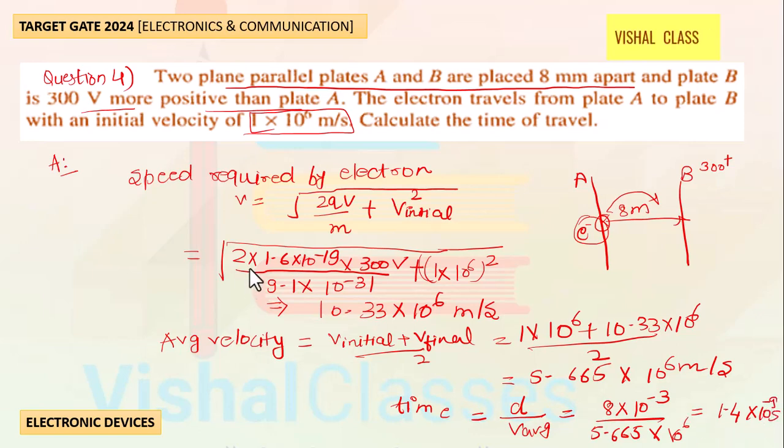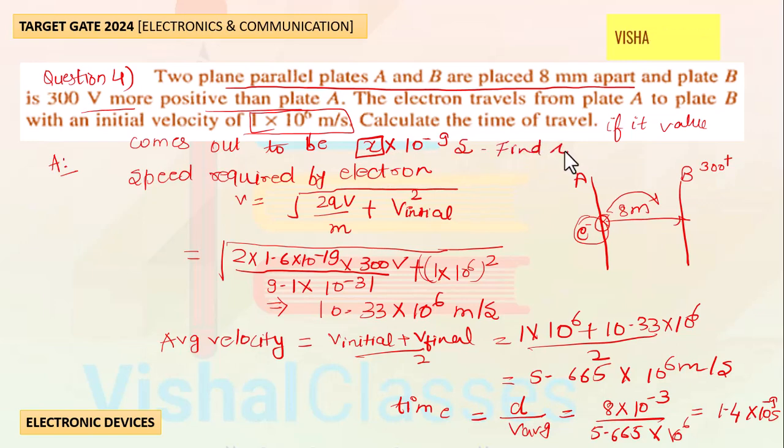This type of question comes as a numerical value question. This type of question comes in GATE as a numerical type question, and it may be written as: calculate the time of travel if its value comes out to be x into 10 raised to power minus 9 second, then find the value of x.